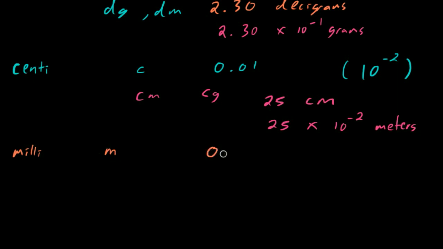For every meter, we have 1,000 millimeters in a meter. So that means 1 milli something is going to be 1/1000th of whatever that something is. So our scientific notation is going to be 10 to the minus 3.